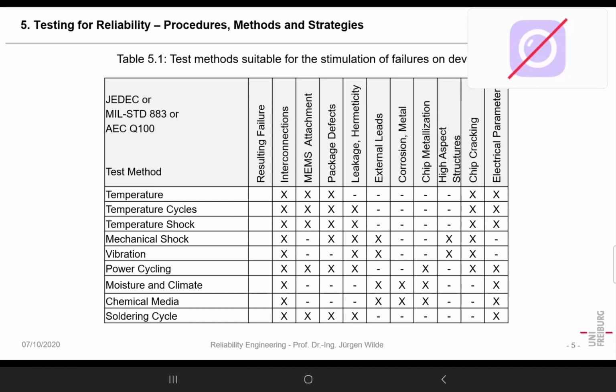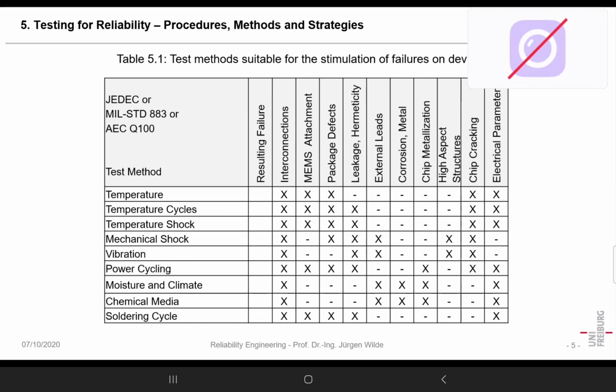On the other hand, it also must be sure that the failure modes you stimulate by testing are still the same as they are in the field application. So maybe you have a special failure mode in the field and you cannot really stimulate it by your testing. Then you have some gap in your testing scheme.